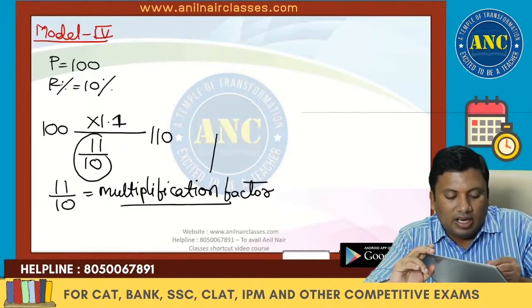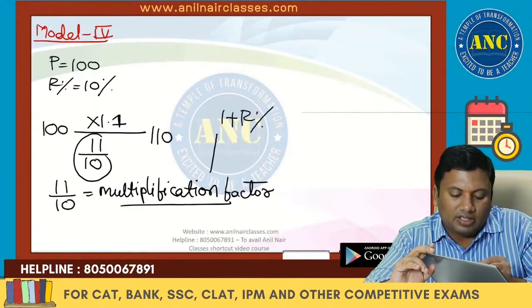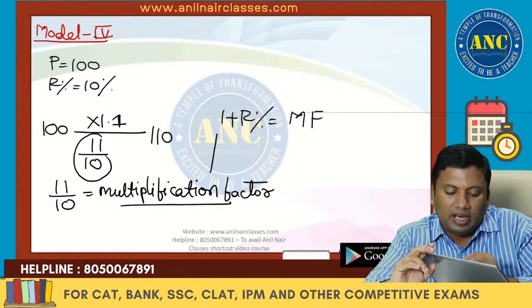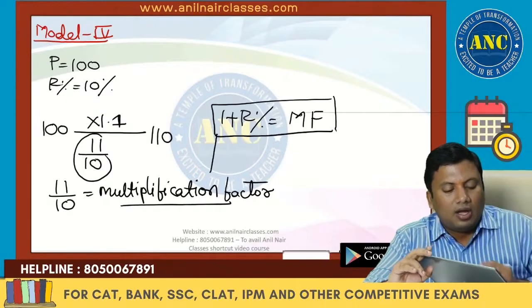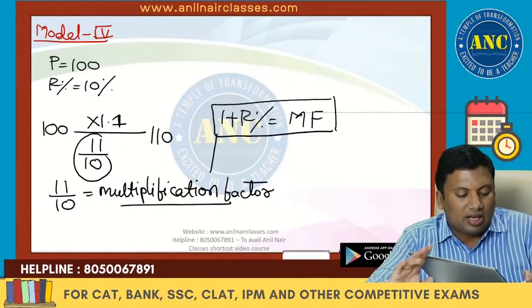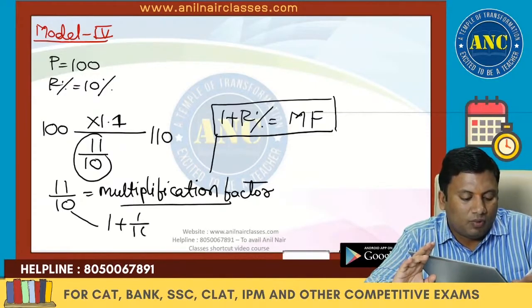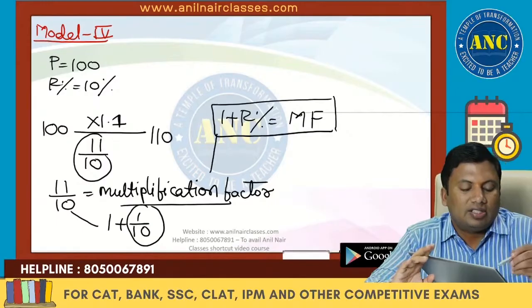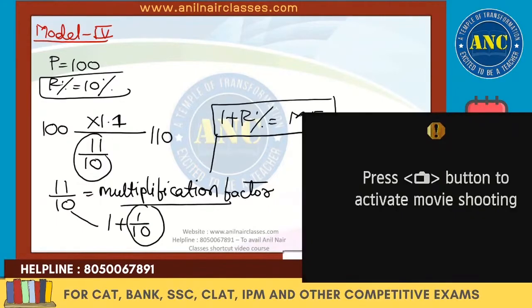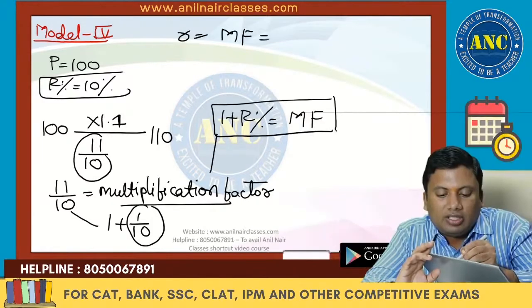What is the multiplication factor? 1 plus r percent is called the multiplication factor. This is nothing but 1 plus 1 by 10, where 1 by 10 is 10 percent. Let me denote the multiplication factor by x to avoid confusion.